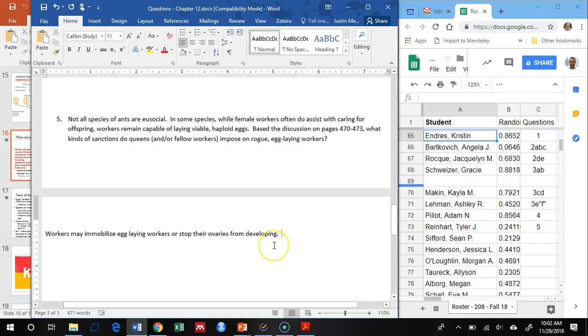Yeah, there's a great picture in your book that shows it's almost like they're being drawn and quartered, where multiple ants are pulling on this other ant's legs, and it's just in stasis. Basically that's ant jail. So you've been immobilized, you're being punished as a result of egg laying.